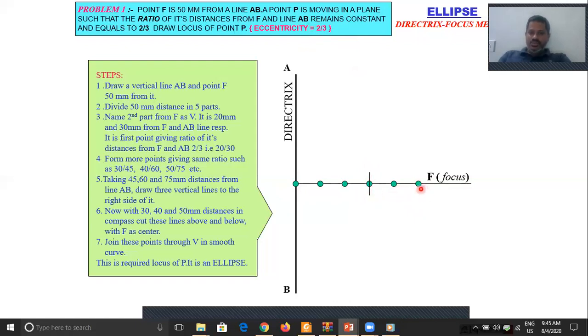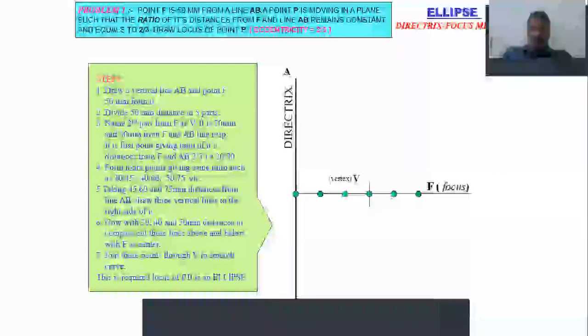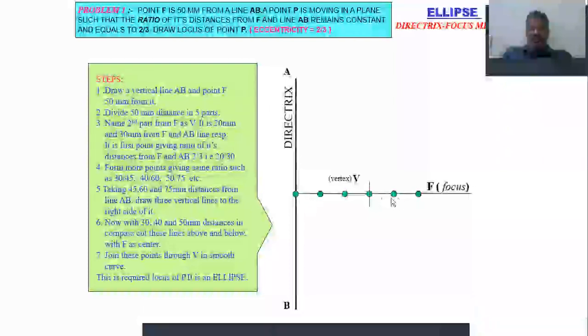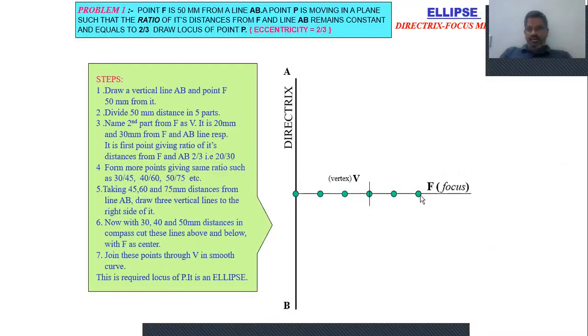So as of now, we have divided the distance between the directrix and the fixed point focus F into 5 equal divisions.